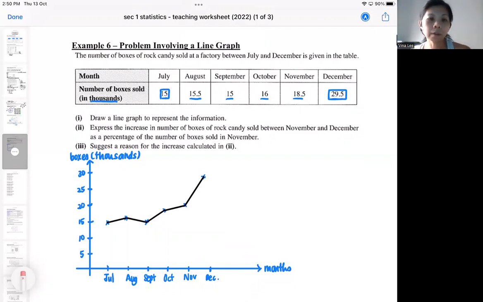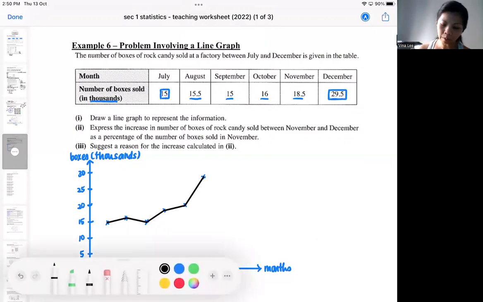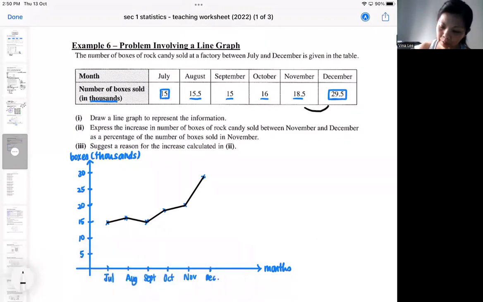After we got the graph, we got to express the increase from November to December. So how much is being increased? The increase in number of boxes will be 29.5 thousand minus 18.5 thousand.